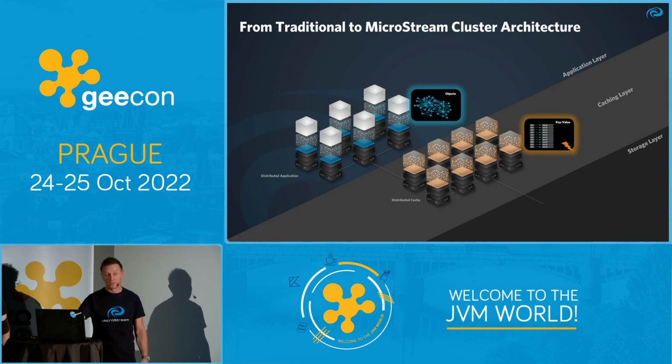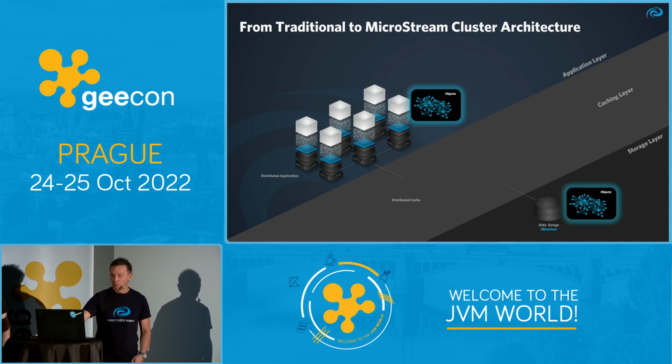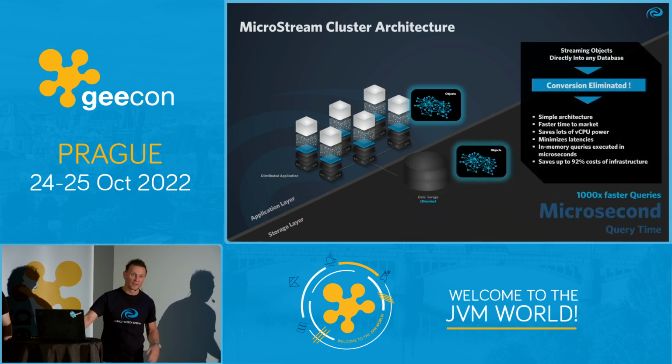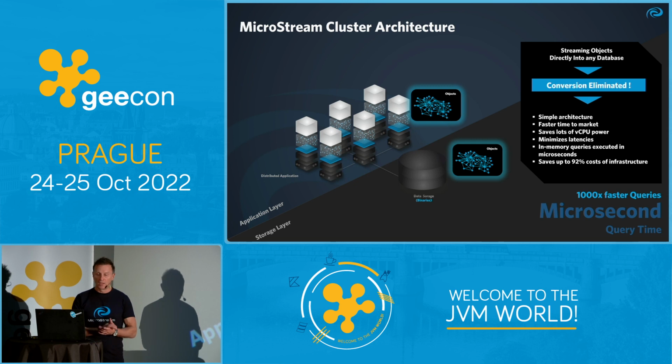We only need a binary storage. And now our architecture gets really super simple. And this is really great for developers because it's much easier to develop, with faster development time.